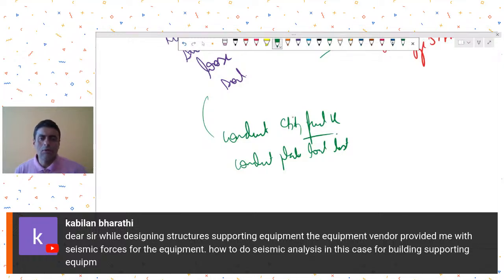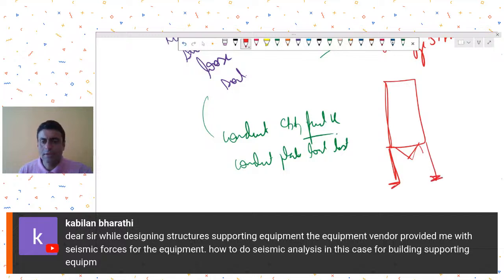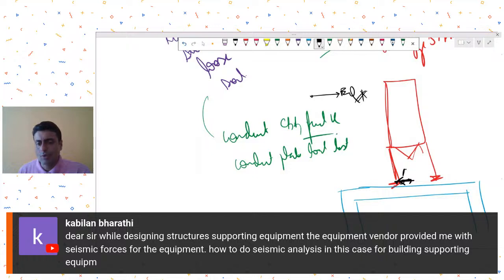Now in such a case, let's say this was your equipment resting on legs, and then you had an RCC beam resting on column. My suggestion would be that, for this direction of earthquake, you already have the reactions given to you by the vendor. So you may apply them as forces, base force, instead of applying them as reactions.